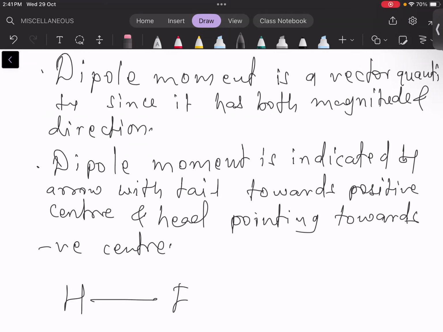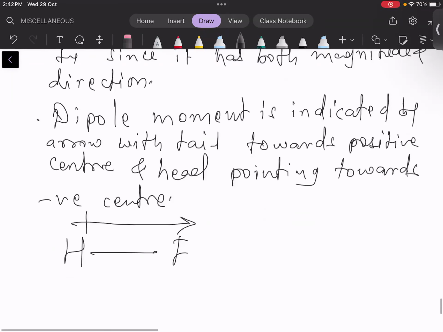Now, fluorine is more electronegative than hydrogen, and therefore the tail is pointed towards the more electropositive atom, and the head is pointing towards the more electronegative atom. So, in HF, hydrofluoric acid, whenever there is an electronegativity difference, then dipole moment exists.